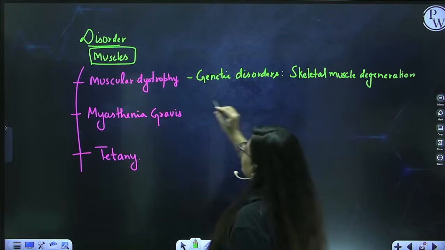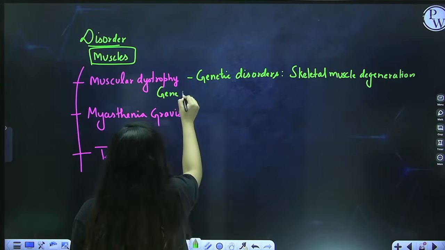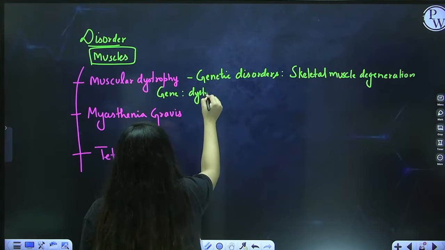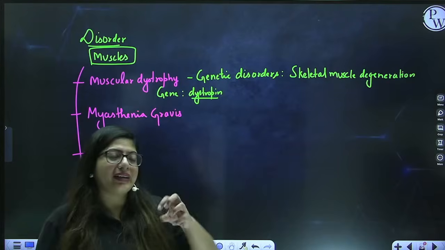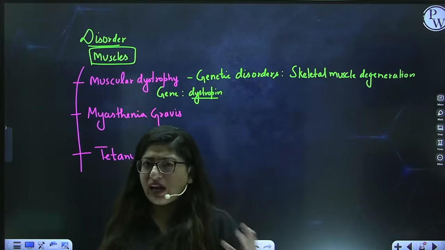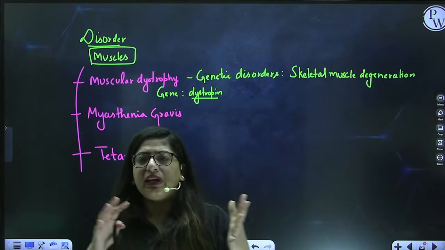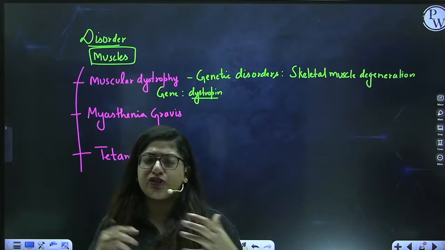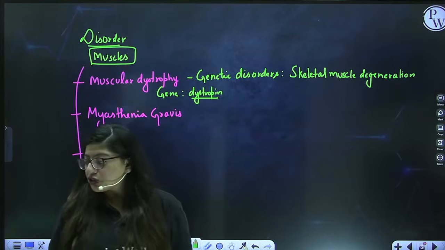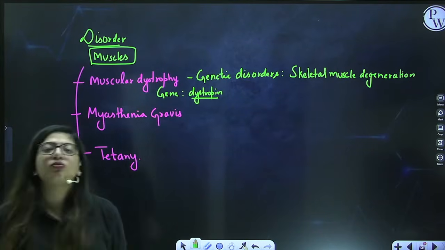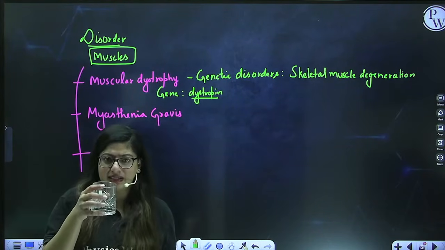There is a gene for the dystrophin protein. If you remember, we have done the dystrophin protein that holds the myofibrils and attaches them to the sarcolemma. If that goes wrong, the myofibrils will be pushed here and there, their positions will change, and the muscle will not be able to contract properly. So muscular dystrophy leads to muscle degeneration and even paralysis.